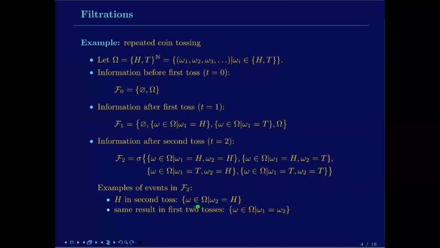So we have all sequences where omega 2 equals head. That would be the union of those 2 events. Or we can look at the event, same result in the first 2 tosses. So we have all sequences where omega 1 equals omega 2, and that would be the union of these two events. Likewise, we can form a few more other events.